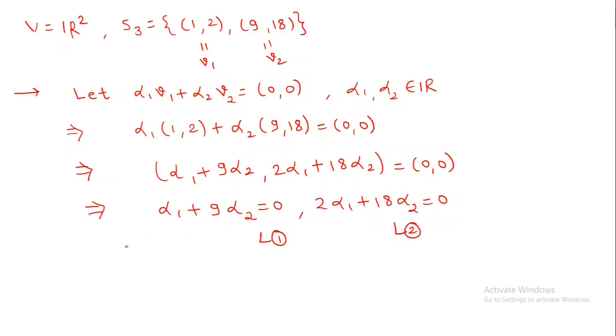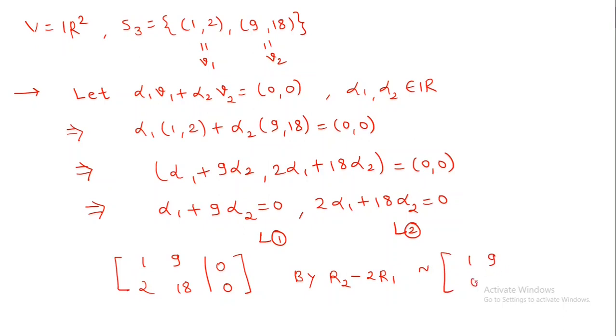If we try to solve this by Gauss elimination method, we have 1, 9, 2, 18, 0, 0, and by performing the operation R2 minus twice R1, you will get 1, 9, 0, 0, 0 and 0.